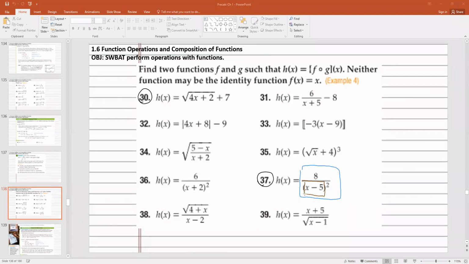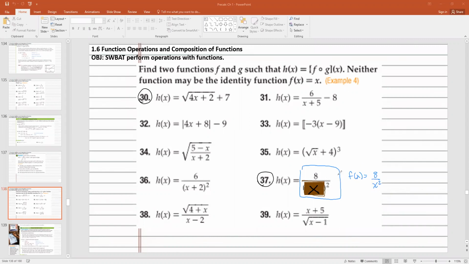If I block this part out here, because that's our g of x, and I replace it with an x, there's our f of x. So our f of x is 8 over x squared. Now there's other ways to do this.